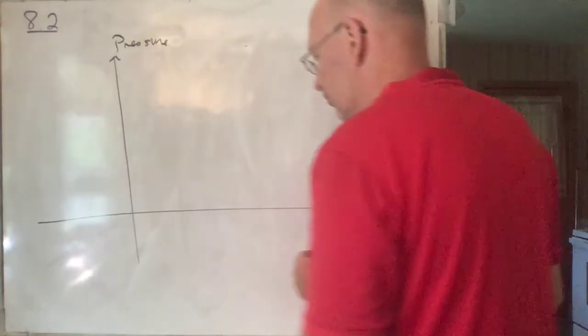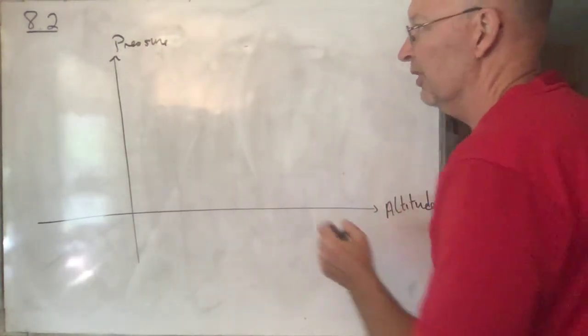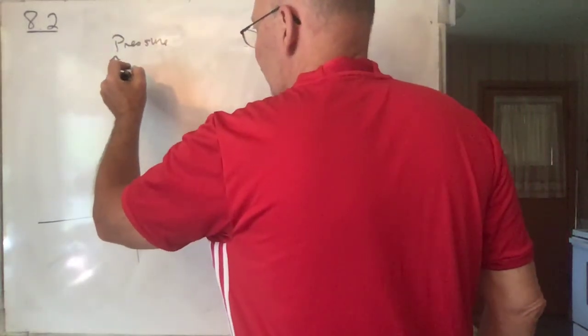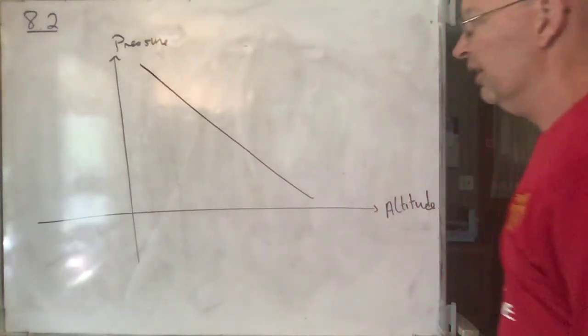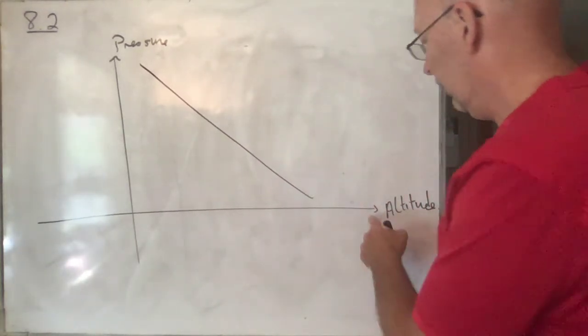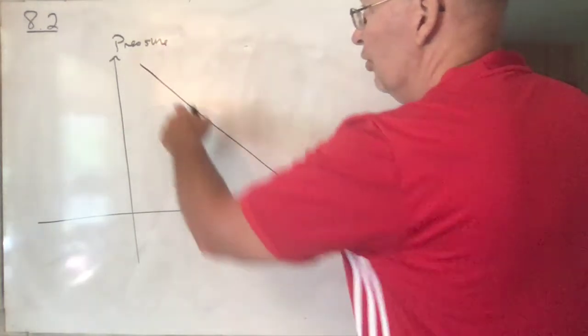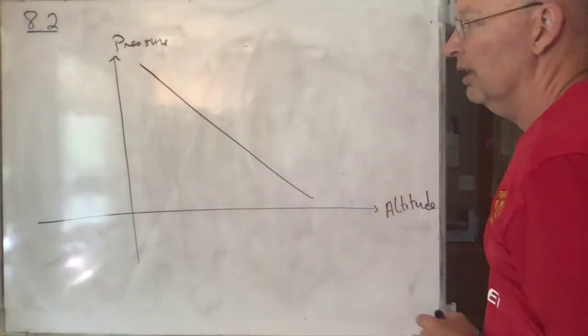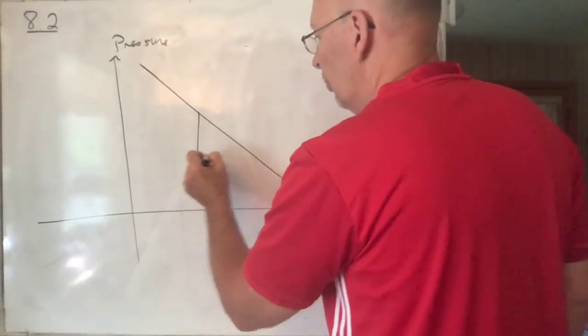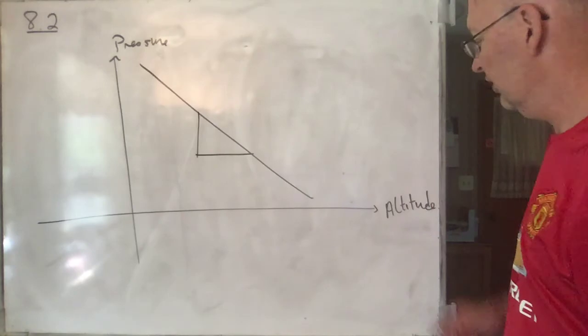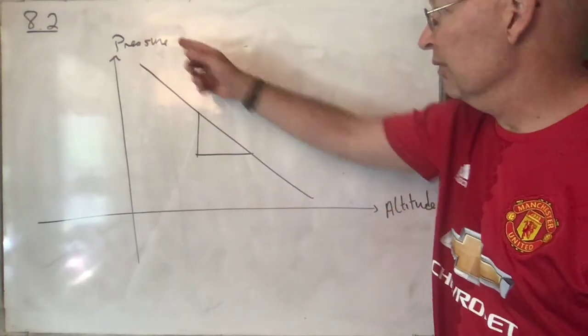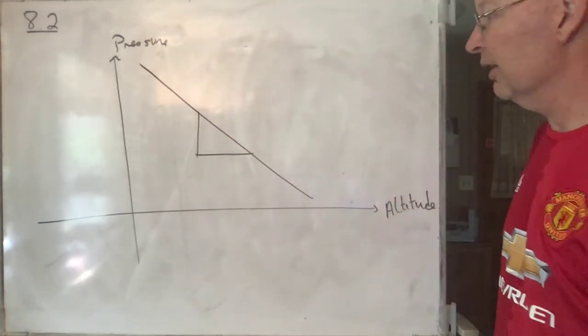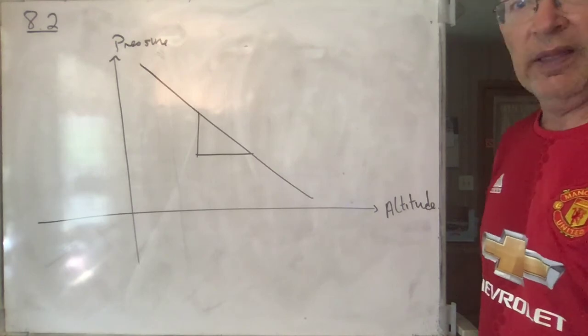I'm actually not sure if this is a linear relationship or not, but I know it's a relationship which is negative, because as your altitude increases, your pressure is going to decrease. And by finding the slope along that, you're finding the rate at which the pressure is decreasing as you rise in altitude. So that's the idea.